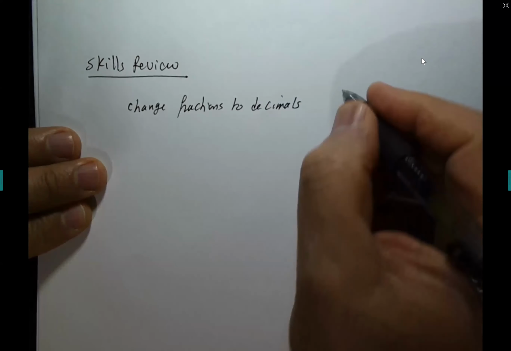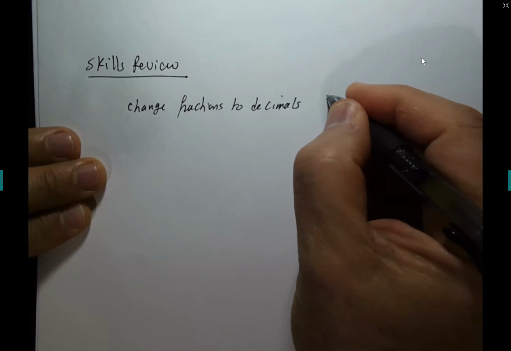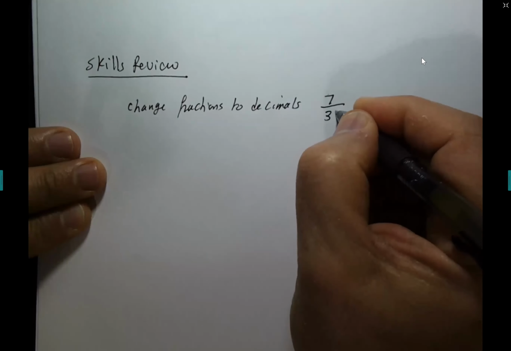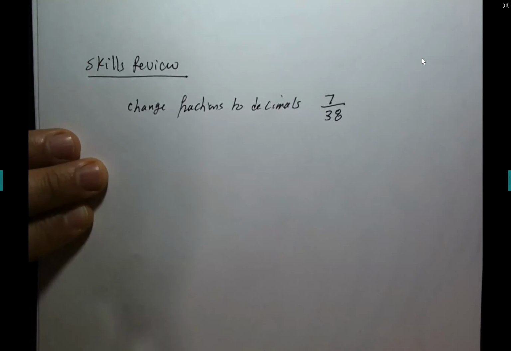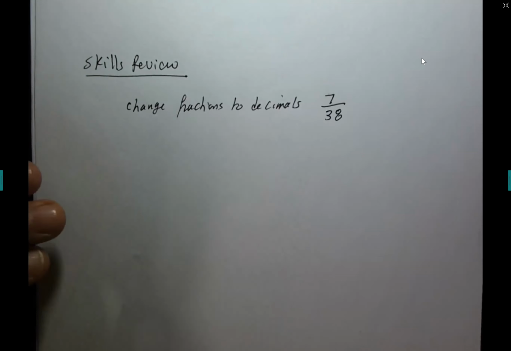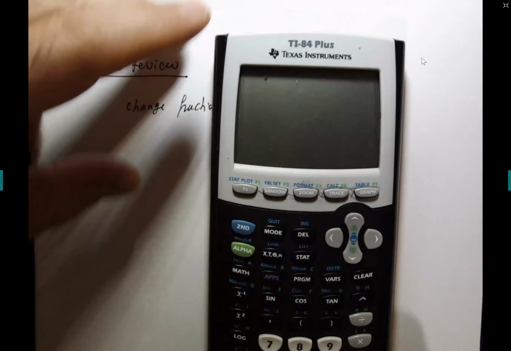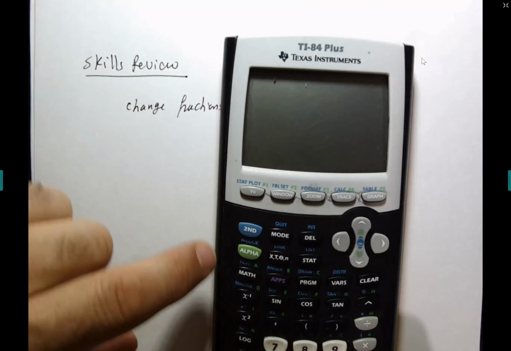So, for example, let's say you're doing some work in chapter 3 and you ended up with 7/38. You change it to a decimal, guys. I'm not asking you to do the work by hand. You can just do that on the calculator.